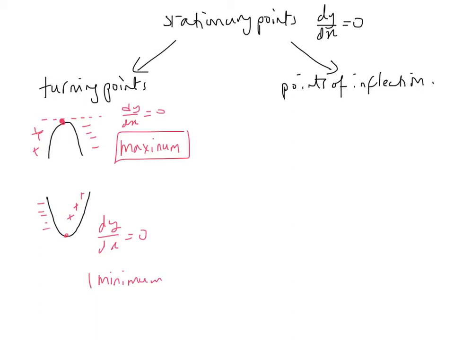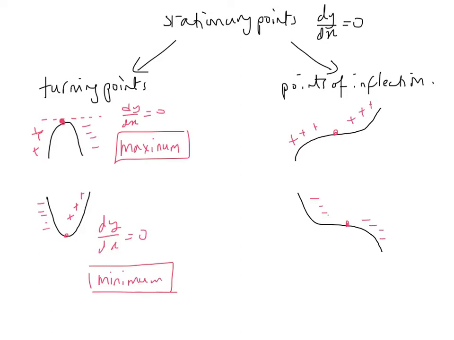Right, so you might have met this in doing quadratics. Now a point of inflection is a point where the gradient doesn't change from positive to negative, so you might get something like this, or even something like this. So if you've got positives, or you might have something like this, you've got negatives. Now over here we know dy over dx equals 0 at this point.